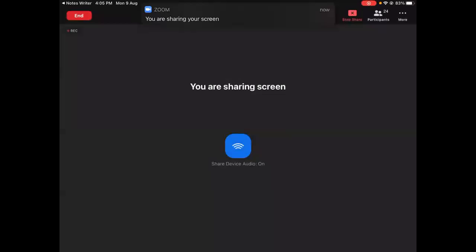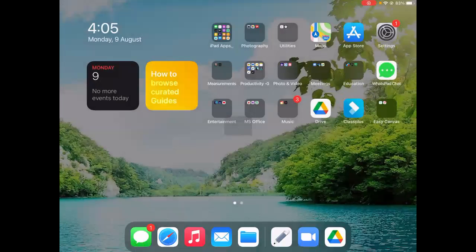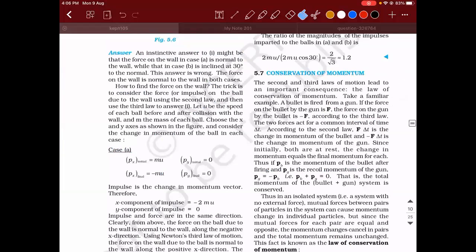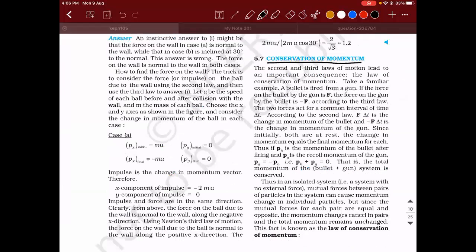Okay, then we'll continue with laws of motion itself. So we'll see the next topic, that is the conservation of momentum, which is also called conservation of linear momentum. Okay. So tell me one thing, guys. How is linear momentum related to force?